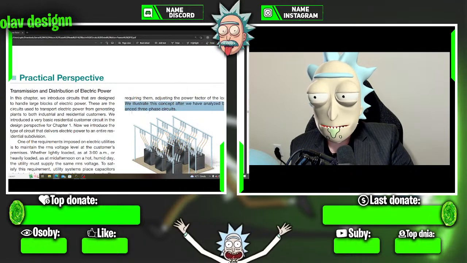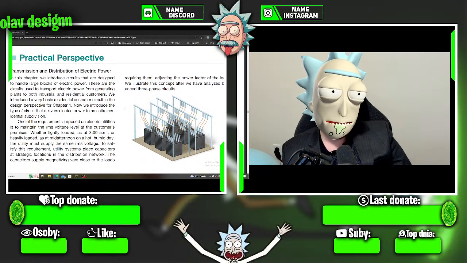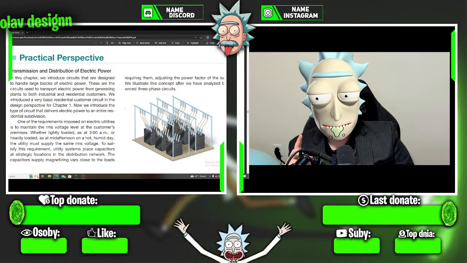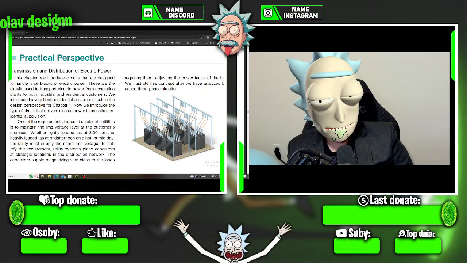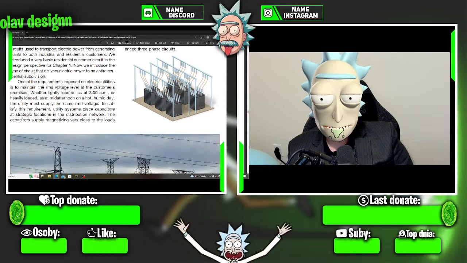I may illustrate this concept after we have analyzed three-phase circuits. We're going to first learn about three-phase circuits, and then understand how systems of different three-phase circuits are able to utilize these capacitors to maintain this balance.